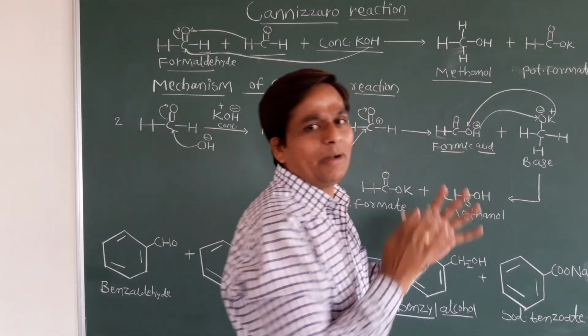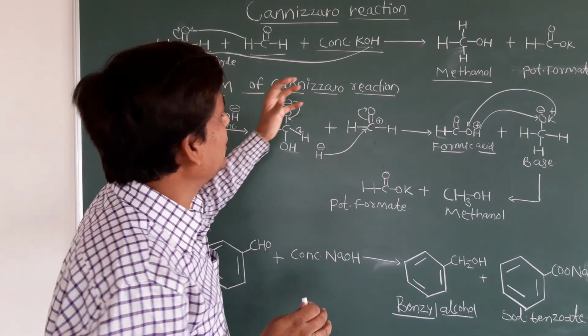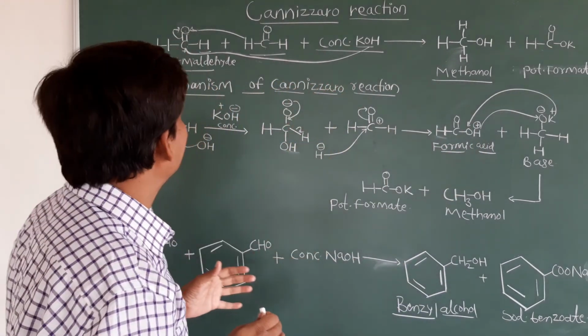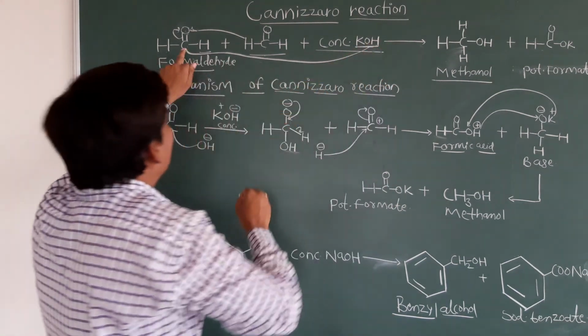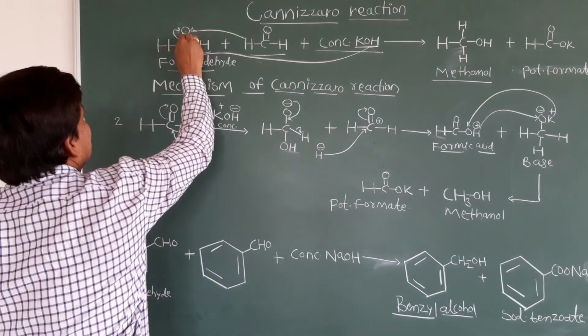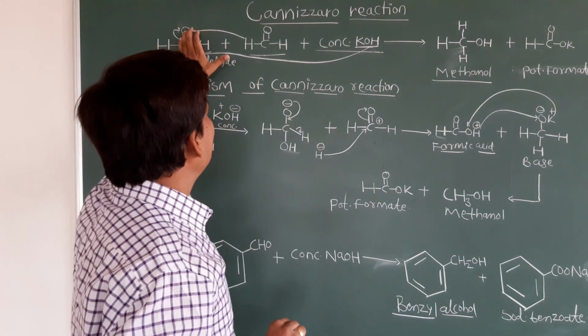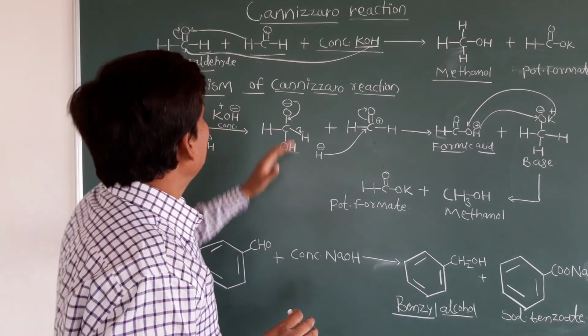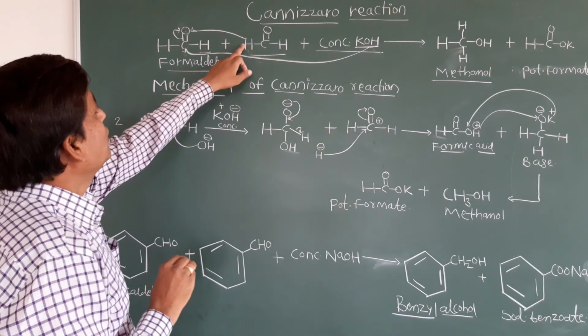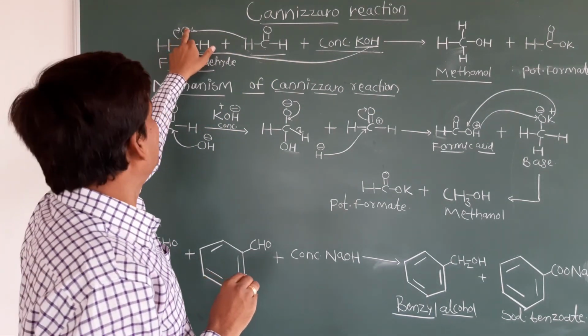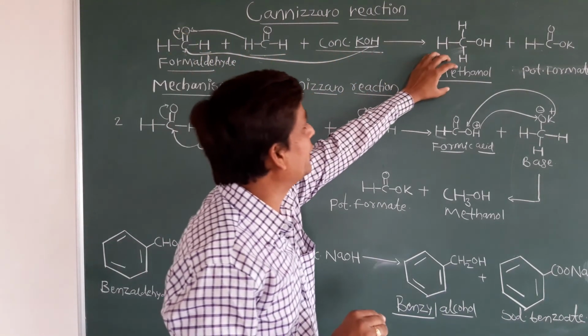We'll check the mechanism of how we get it. I will use some tricks to help you remember this reaction. So this hydrogen attaches to this carbon, then the double bond shifts, then the minus charge comes. Then one hydrogen from the other formaldehyde molecule attaches to this oxygen, and it is converted to OH, and simply here we get methanol.